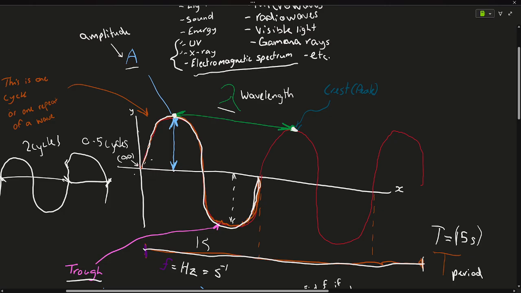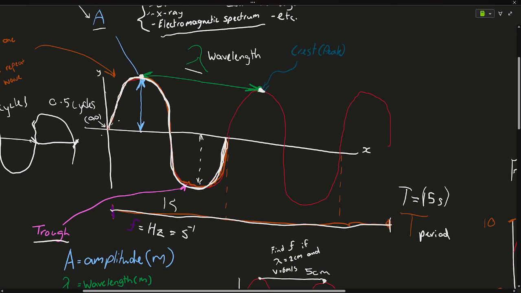Now your cycle is this orange line. It's not the actual orange line, but your cycle is this. A cycle is one wave in a period. So this is your period.